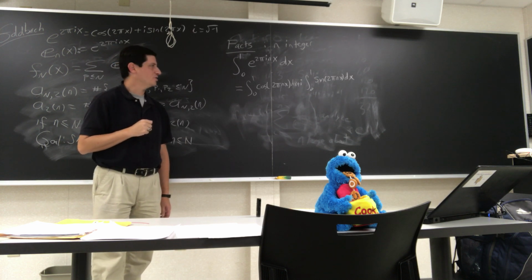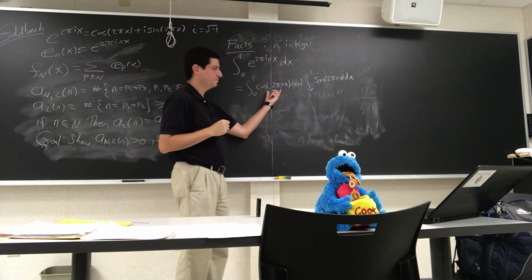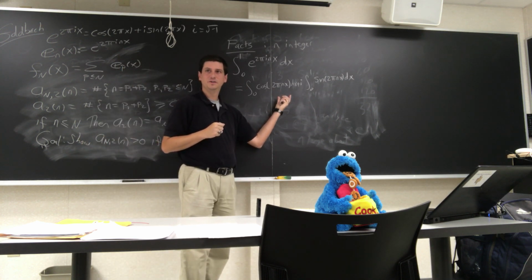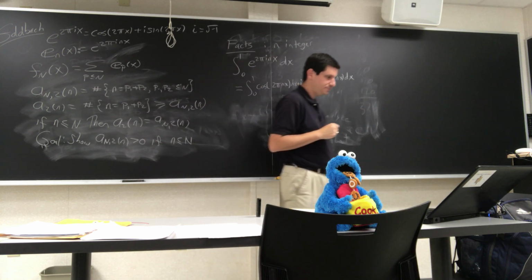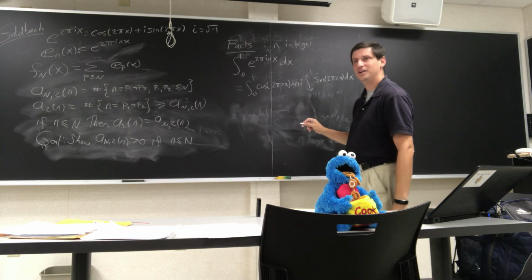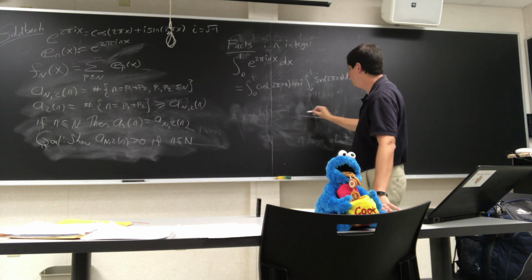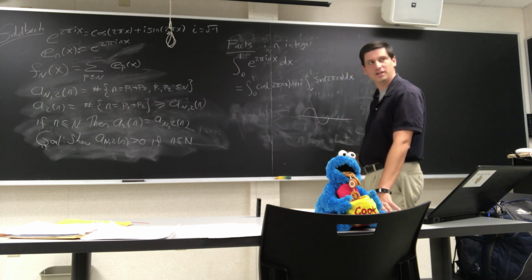If you don't remember your trig, how should we do this? We then need to remember antiderivatives. Well, the first one is 0. Okay. The second one is also 0, because you're integrating sine and cosine over full periods, right? If n equals 1, that's what we have.